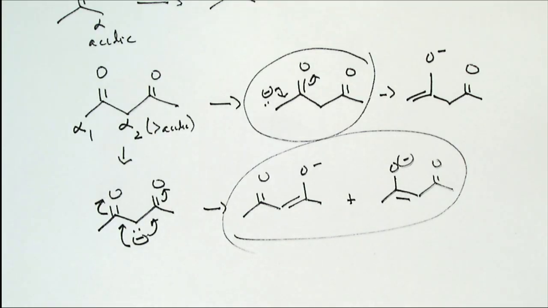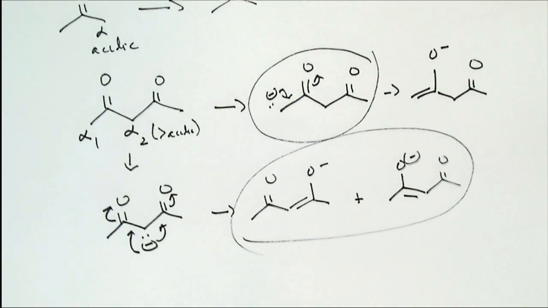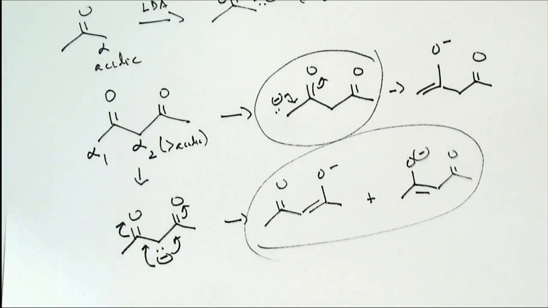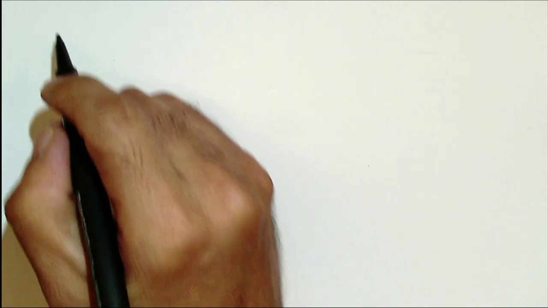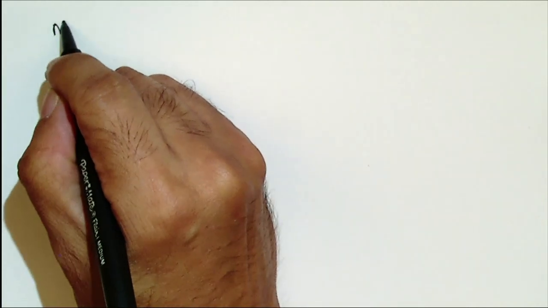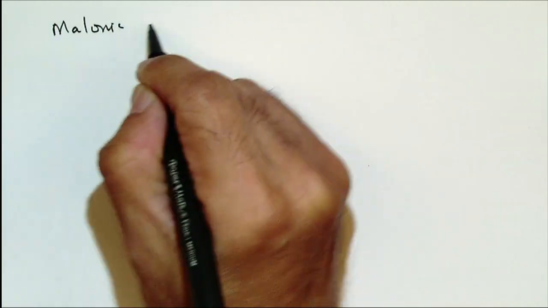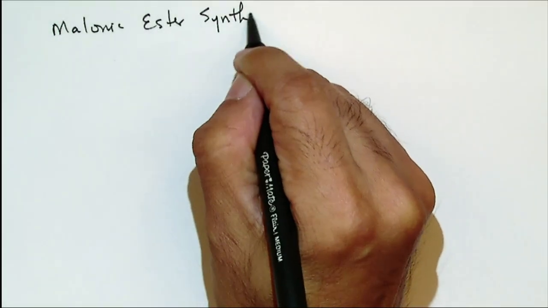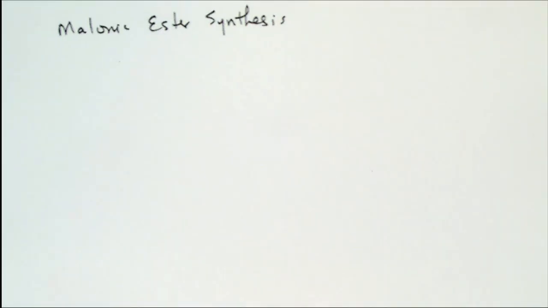So here, then, we're saying that in any system where you have an alpha carbon in between two carbonyls, that is going to be by far the more acidic alpha position, and therefore the position that's going to be deprotonated. So that allows us to do chemistry such as the following, which is called the malonic ester synthesis type reaction.